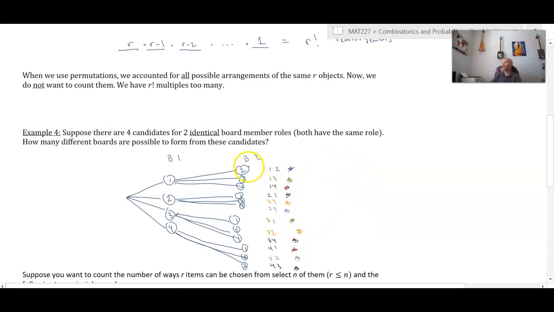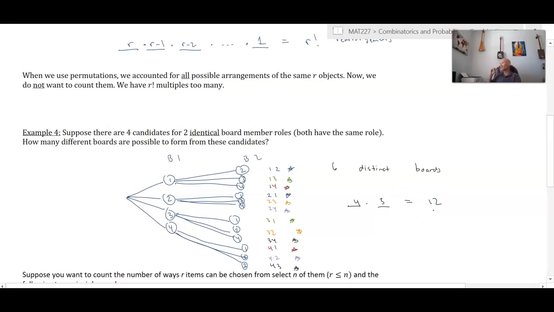So even though there are 4 times 3 total arrangements, there are only 6 distinct boards that I could form. Now, what was that? Well, if I took 4 times 3, that gave me 12.